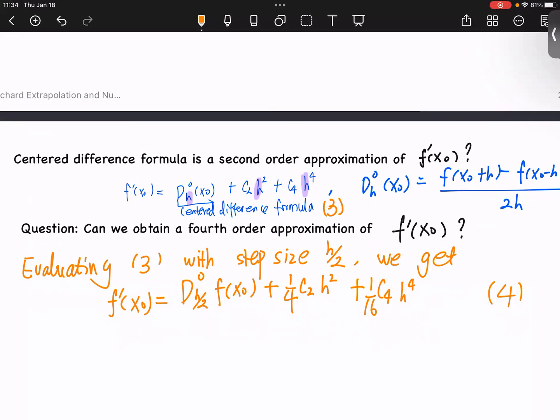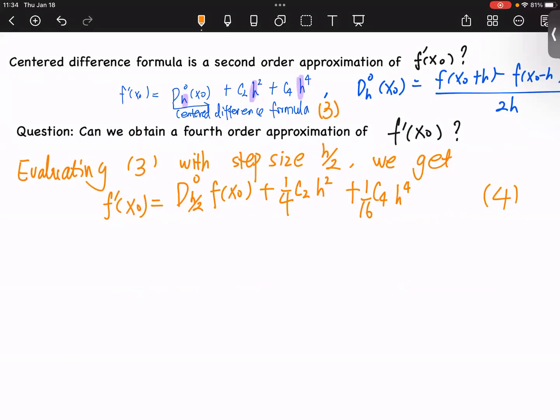We can do this. With formula 4, we do the multiplication with the number 4, and then subtract formula 3. So we subtract formula 3 from 4 times formula 4.